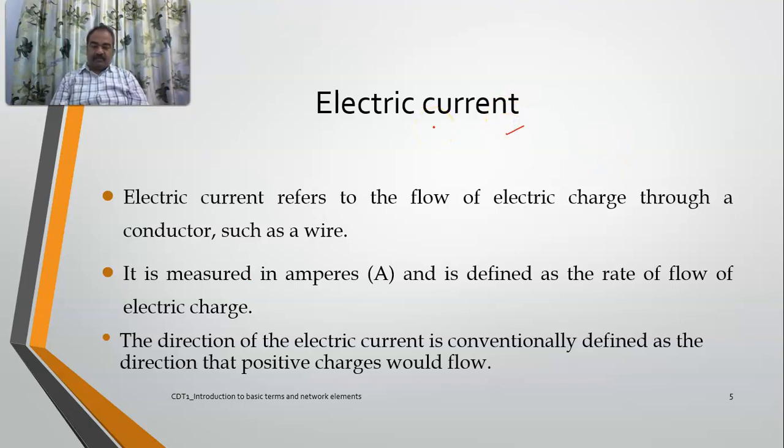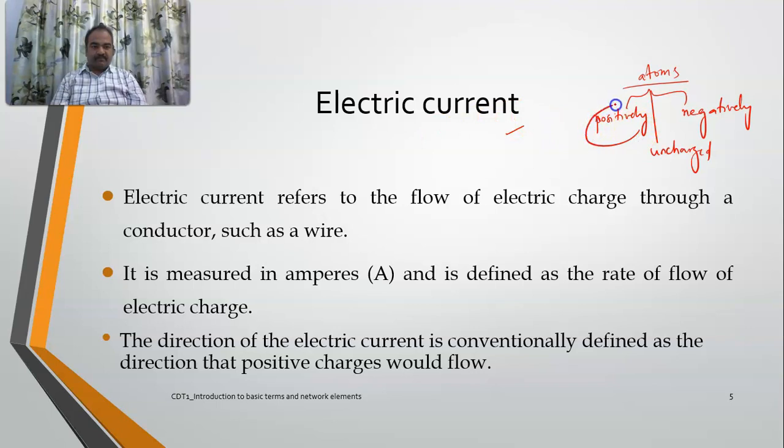You might be knowing about the concept of charge, electric charge, right? Everything in this universe is made up of atoms, and atoms do have positively charged particles and negatively charged particles, and also there are uncharged particles, which means that we are made up of charged particles.